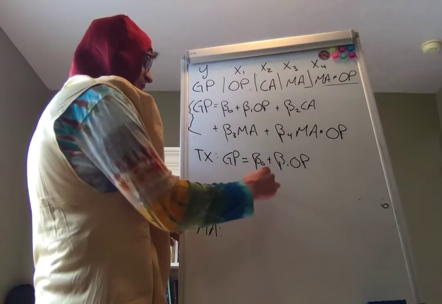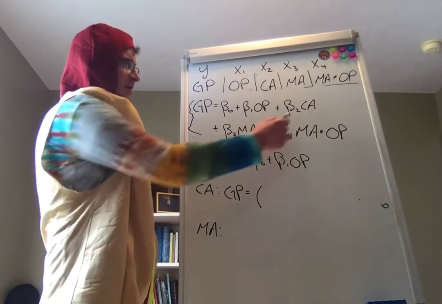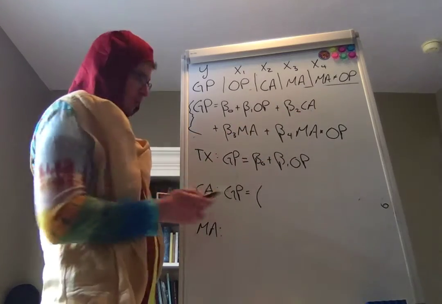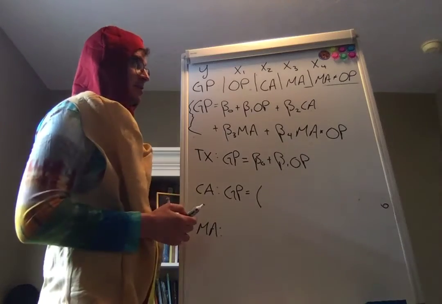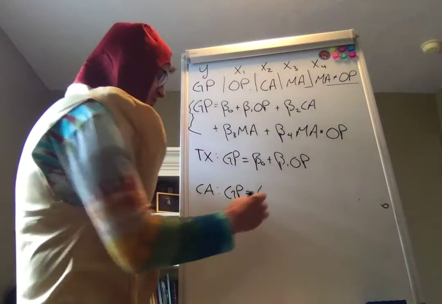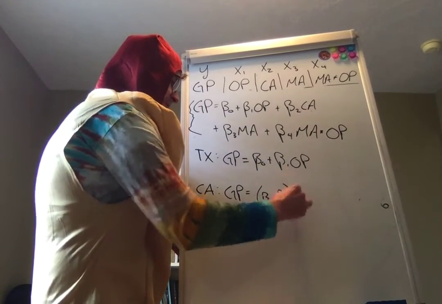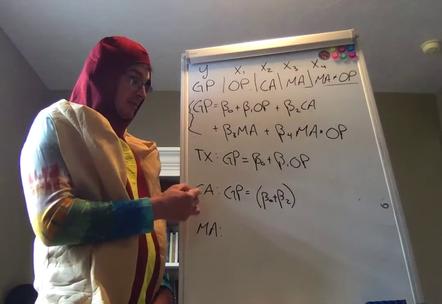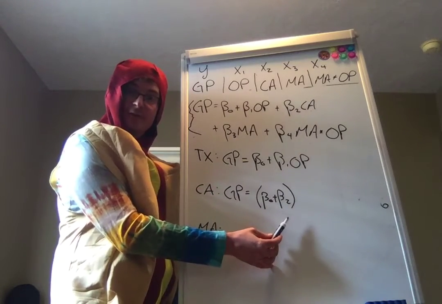Now for California, we're going to have gas price equals. Last time we showed that when we collect like terms, our beta naught is going to get collected with this beta 2, because California is 1 in the California equation. 1 times beta 2 is beta 2. Then beta naught and beta 2 are like terms. So just like that time, beta naught plus beta 2 is going to be the intercept for California. Added those together, that's the intercept for California.